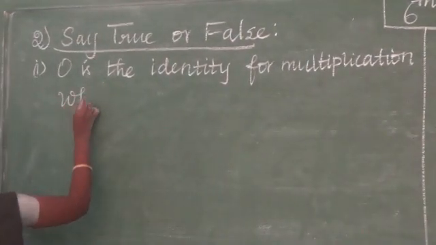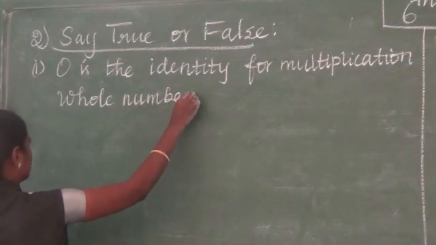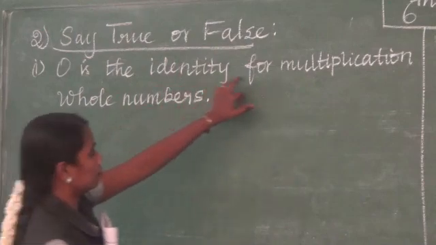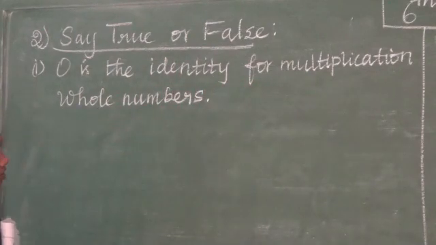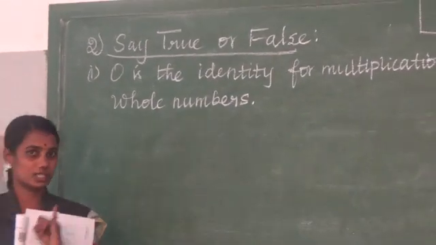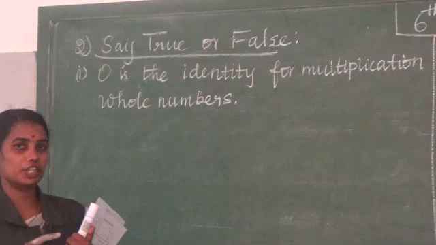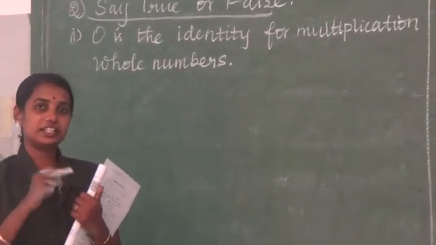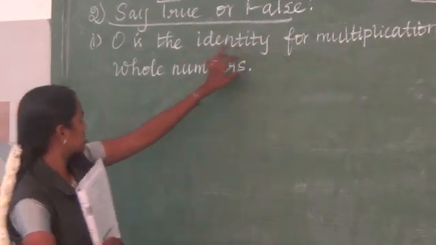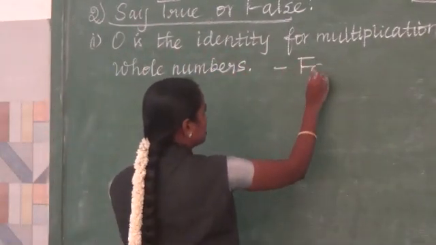Now listen, what is our multiplicative identity? Multiplicative identity is 1, additive identity is 0. Remember this. Here it's given that the identity for multiplication is 0. It's a false statement.